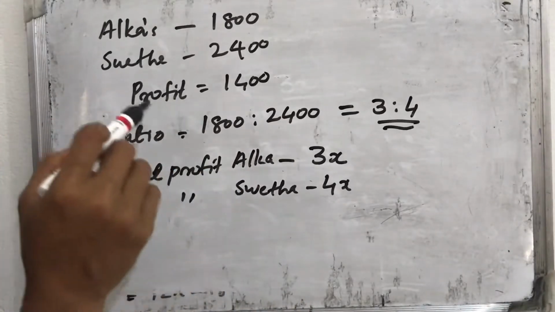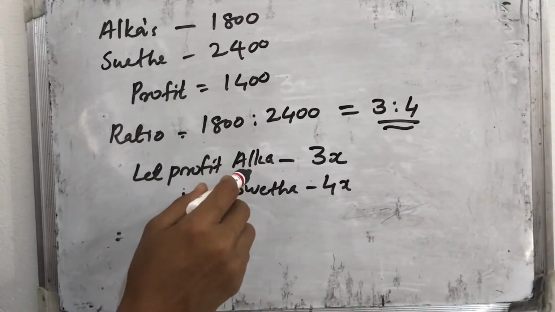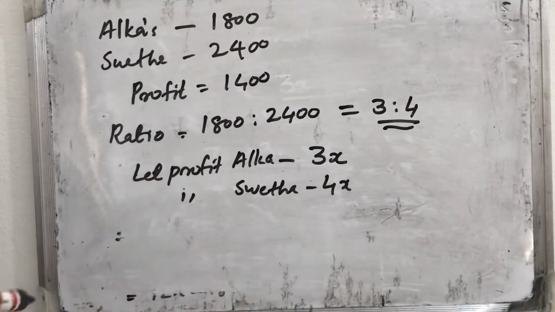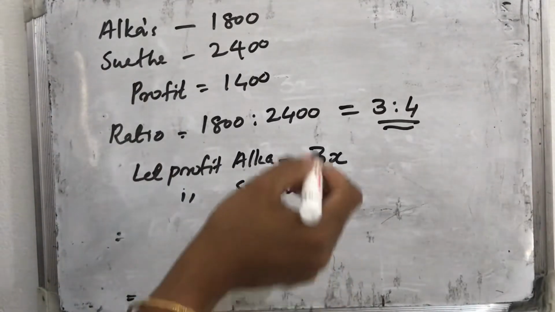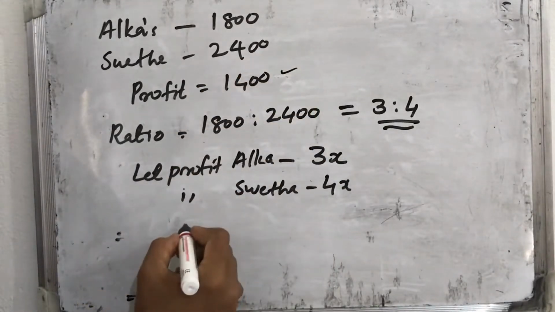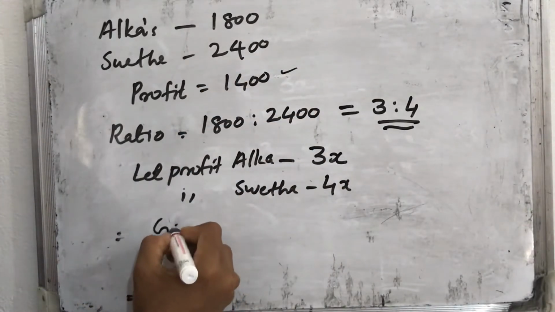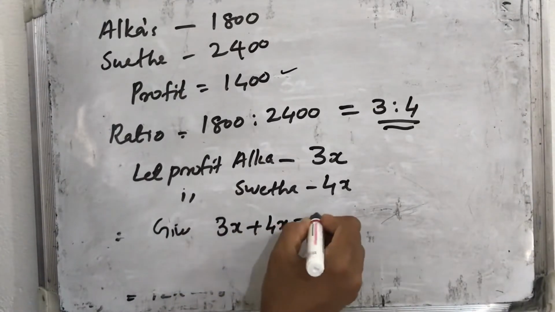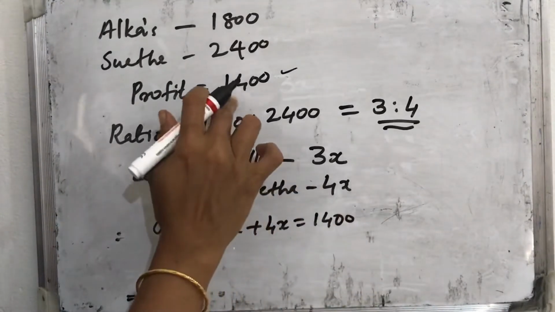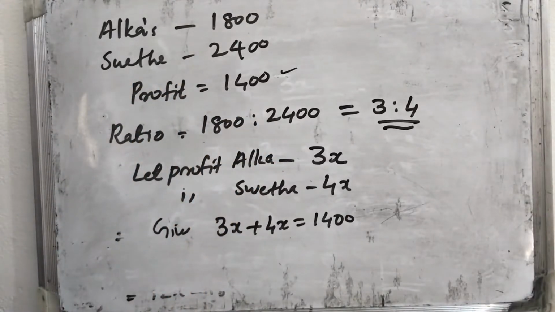So we take the profit got by Alga as 3x and Shweta as 4x. And the total profit is given as 1,400. So 3x plus 4x equals 1,400.